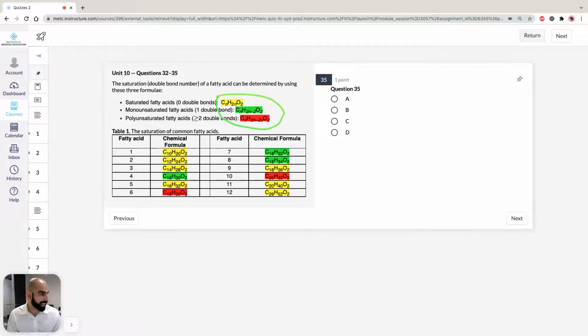Gadoleic acid is a monounsaturated fatty acid, and the last fatty acid in the list, capric acid, is a saturated fatty acid. Therefore, the more double bonds in a system, the higher the iodine value, and therefore arachidonic acid is going to have the highest iodine value. Capric is going to have the lowest because it's saturated, there are no double bonds. So your answer is going to be D.